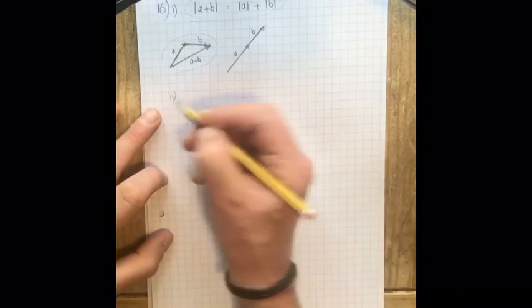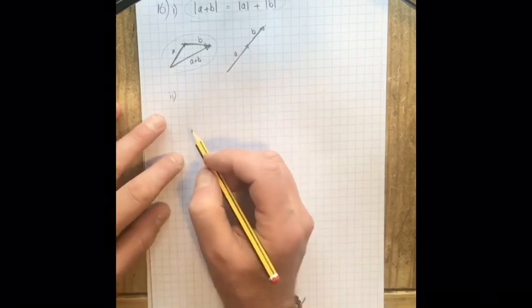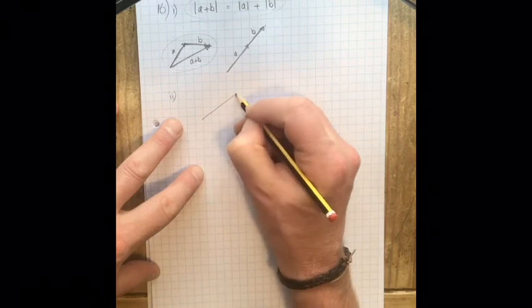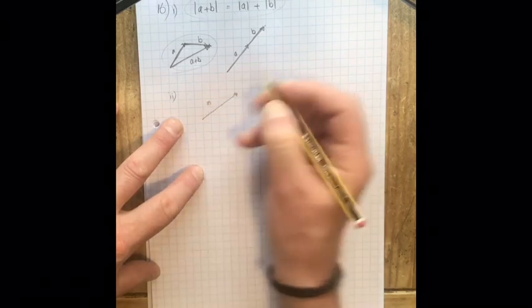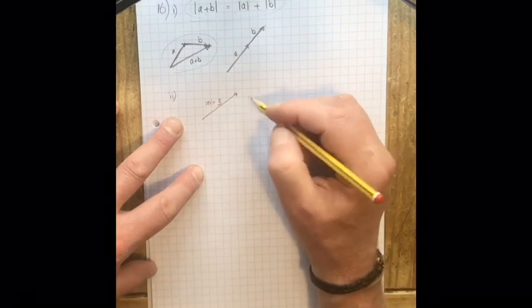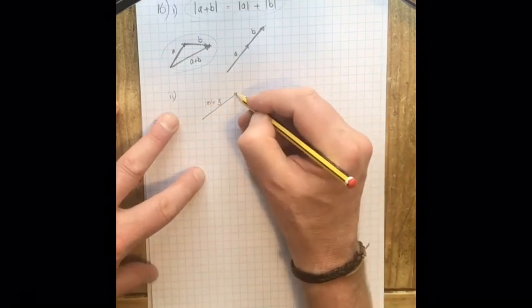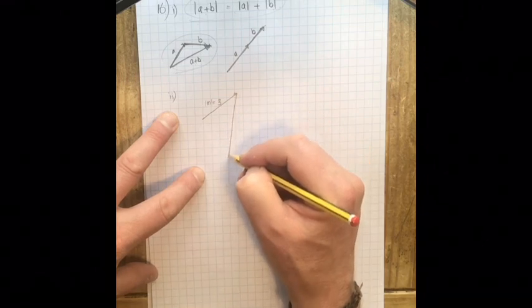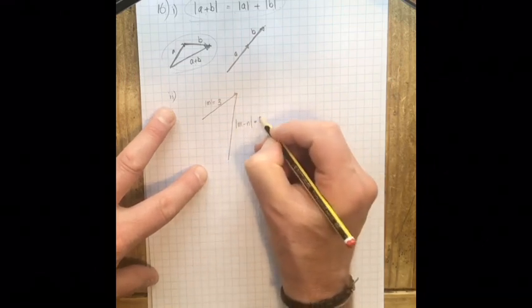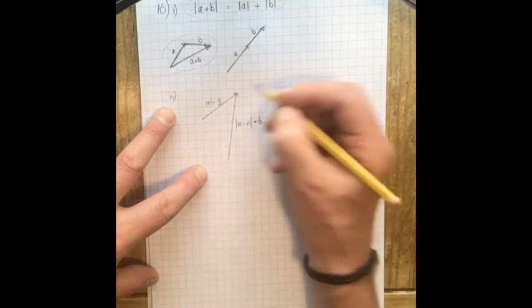Part 2, you've got two different vectors, m and n. So the modulus of m is 3, let's call that m, and this is 3. And m take away n is 6, so let's have m take away n here. m take away n, that's equal to 6.